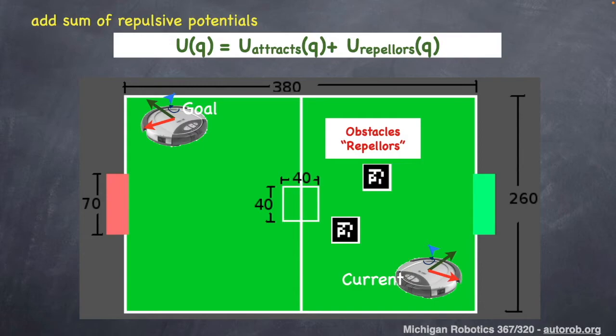We can define the overall potential field as the summation of both the potential fields that attract the configuration towards the goal and the potentials that repel the configuration away from the obstacles. But of course, to do this, we would need to now define these repeller potentials. So let's look at how we could actually define them.